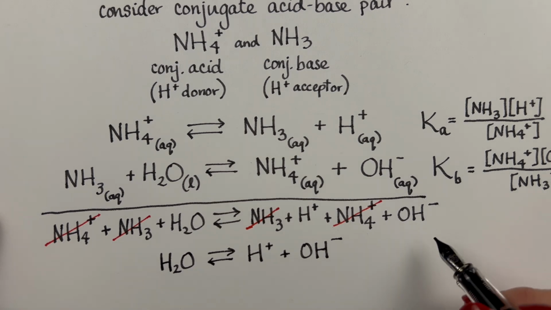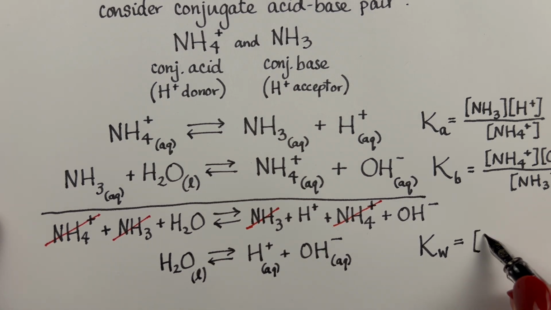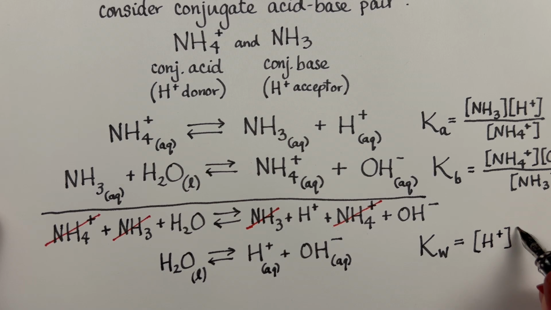Okay, and we've seen that before in the previous video, and even if you didn't watch the previous video, we could write out the equilibrium constant expression for this, remembering that this is liquid water and these two are aqueous. We would have products over reactants, in this case just one because it's a pure liquid. So this looks like this. Alright.